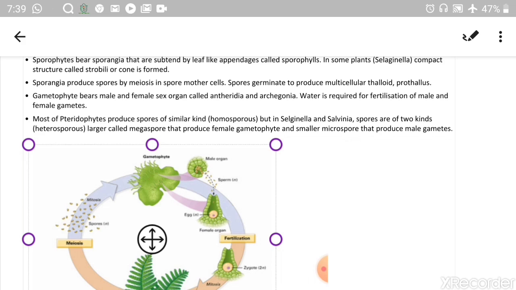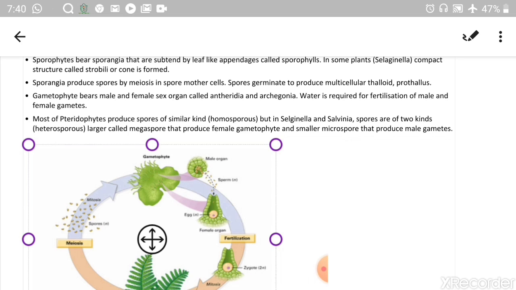These megaspores and microspores germinate and give rise to female and male gametophyte. Megaspore gives rise to female gametophyte and microspore gives rise to male gametophyte. The female gametophyte in these plants is retained on the parent sporophyte, and the development of the zygote into the young embryo takes place within this female gametophyte.